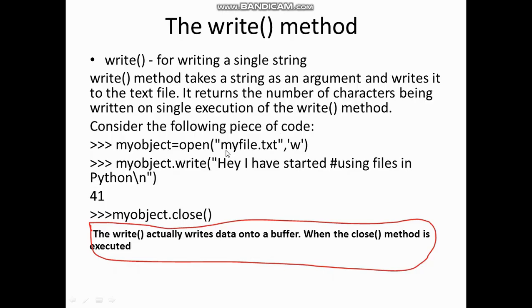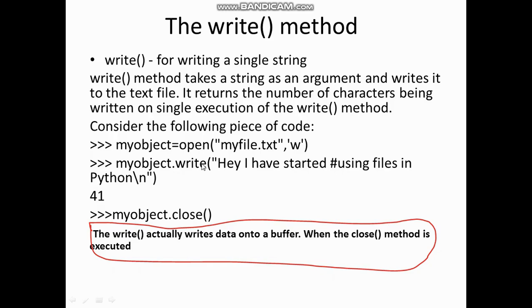Look at this sample code. We have a text file named myfile, and this file is opened for writing purposes, and this is the file object. Using the file object, you are using the write method. Within that, as an argument, you have given a string.